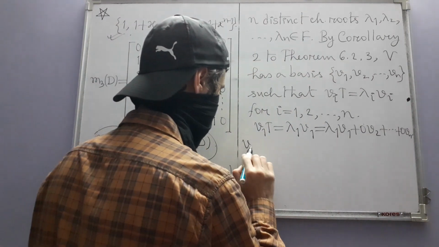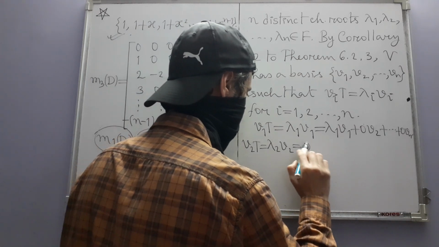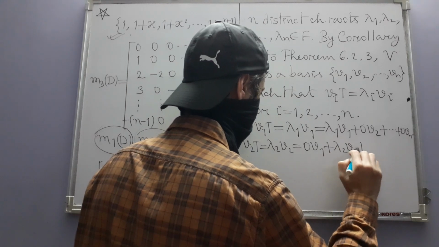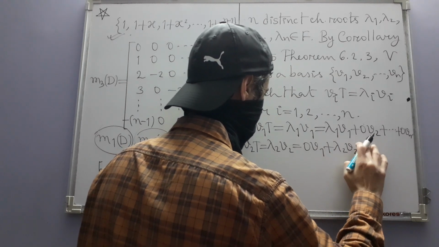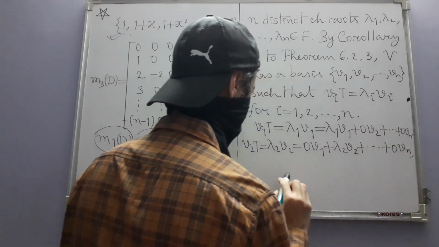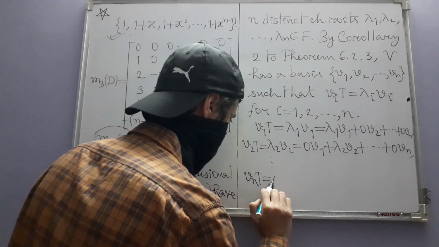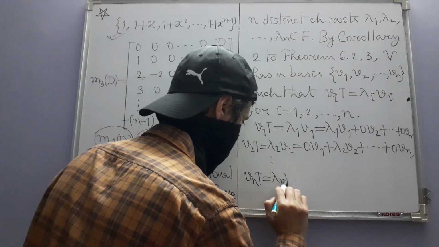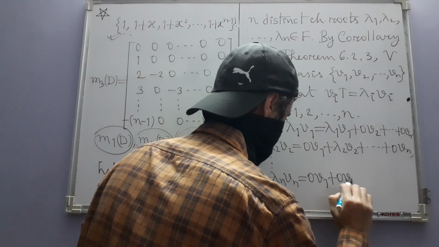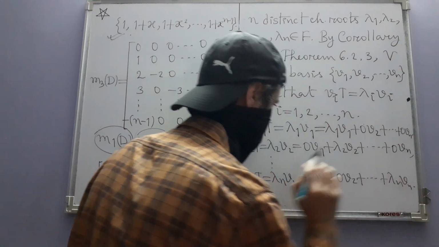Then the next one, V2 T is lambda 2 V2, which is 0 V1 plus lambda 2 V2 and so on. The others have 0 coefficients. Continuing like this, finally we get Vn T, which is 0 V1 plus 0 V2 and so on, finally lambda n Vn.